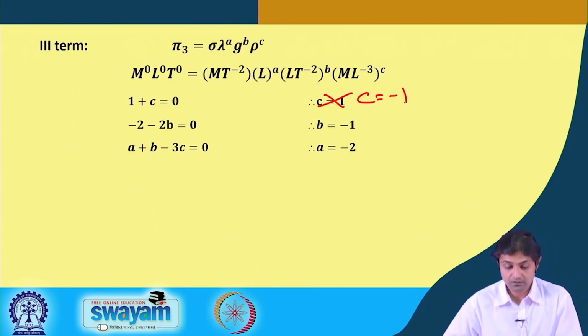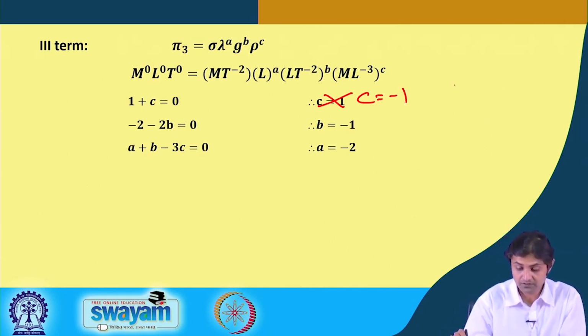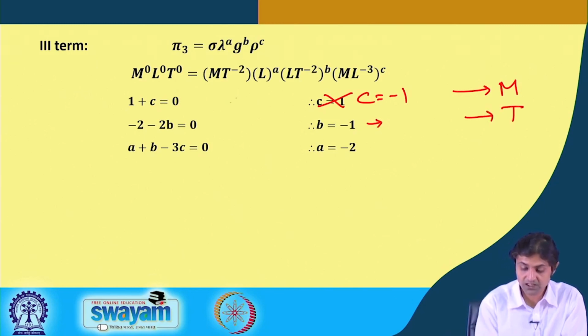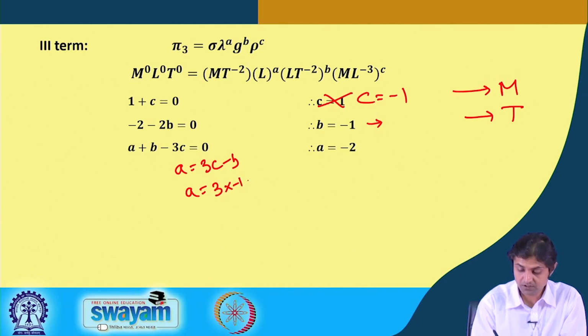Then equating t, minus 2 minus 2b, and this gives us b is equal to minus 1. Now if we equate L, L to the power a plus b minus 3c, and this will give us a is equal to 3c minus b, so 3 into minus 1 minus, so that will become a is equal to minus 2.